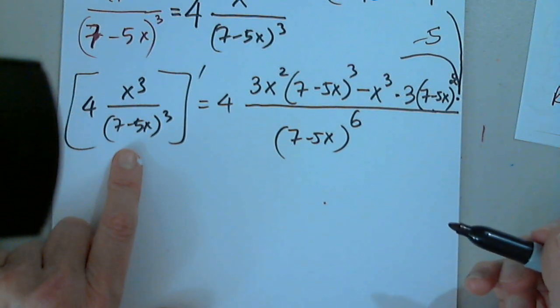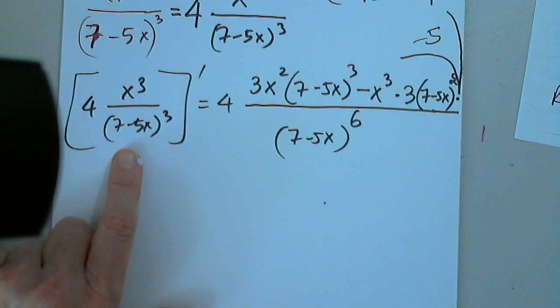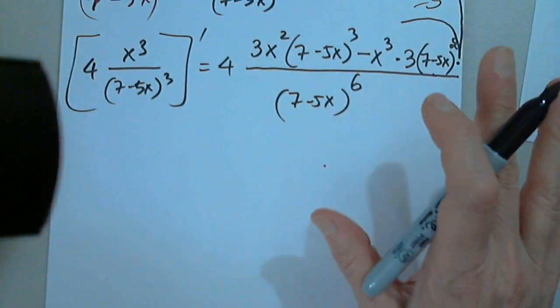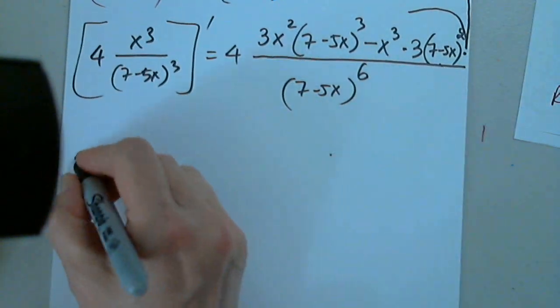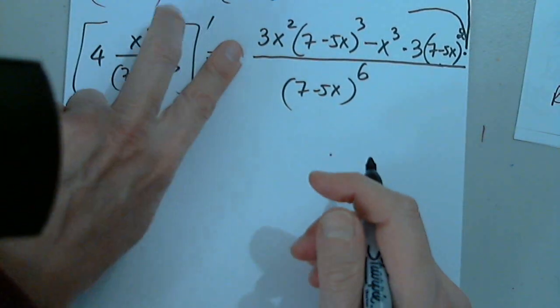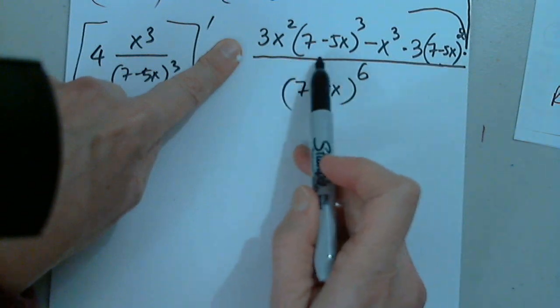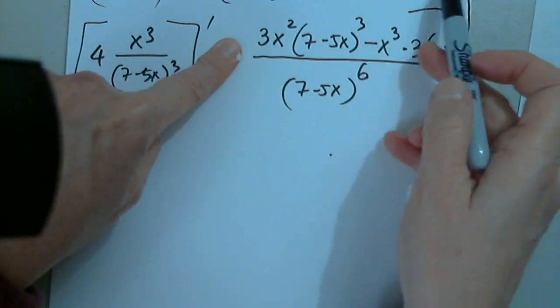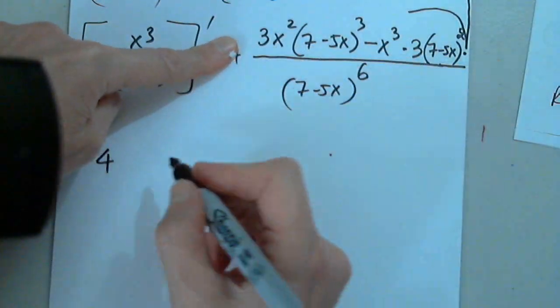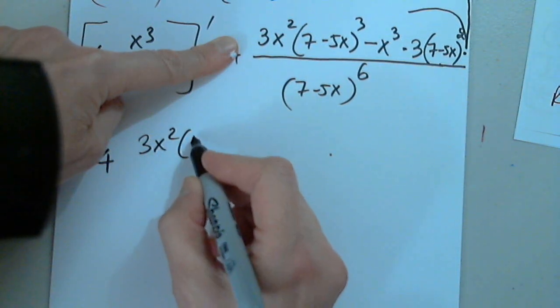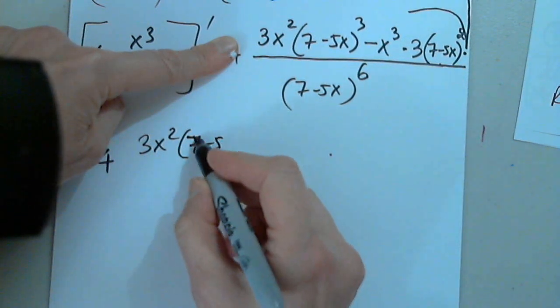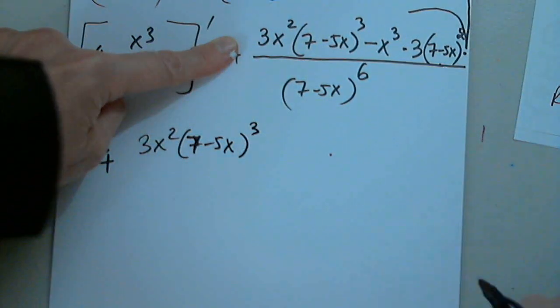Yes? Perfect. Good. So now let's continue because this is not done. So 4 stays outside patiently waiting. You cannot distribute anything, but I have to rearrange this because it's all over the place. So I will copy 3x squared and 7 minus 5x to the third power.